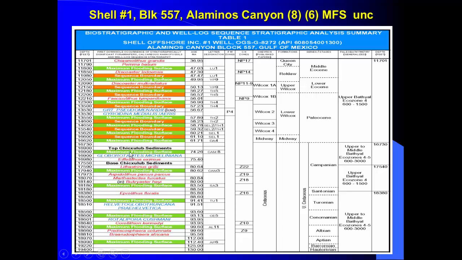But since then, Dr. Richard Denne has corroborated this all with the Gulf of Mexico, these Chicxulub sediments here in the Cretaceous. And these are the maximum flooding surfaces we recognized all the way from Campanian down into the Lower Cretaceous, which is the Albian and Aptian, and hopefully the Berriasian.